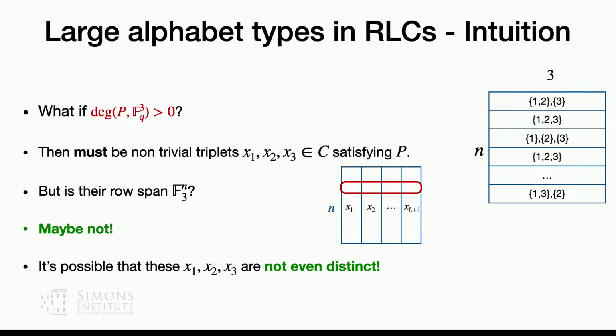What I'm saying here, the takeaway, is that it's possible that the degree is large. We expect a large number of elements of the given type in the code in expectation, but in actuality, with high probability, we're not going to contain even a single one, which is really the same as what we had in the classic types framework.